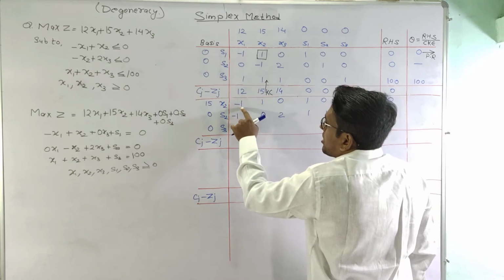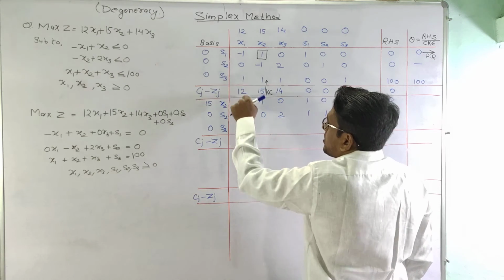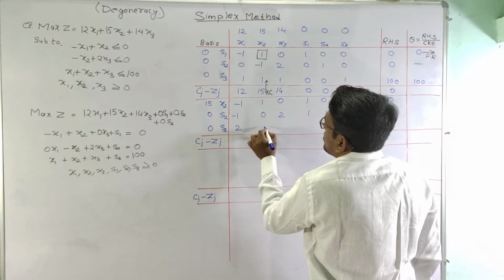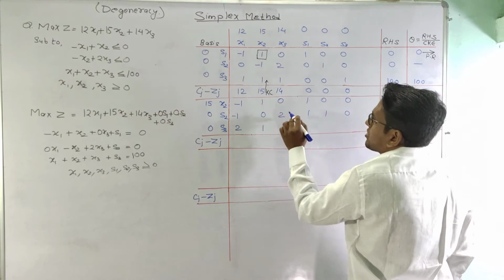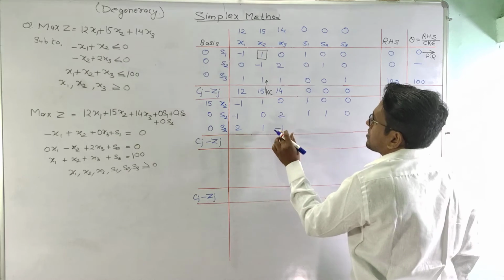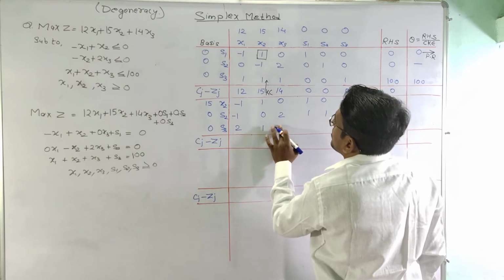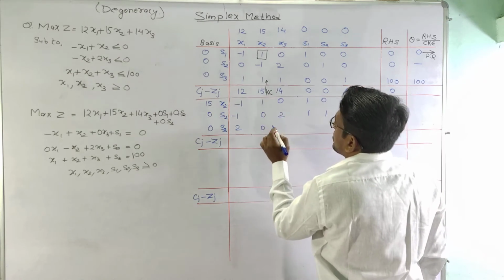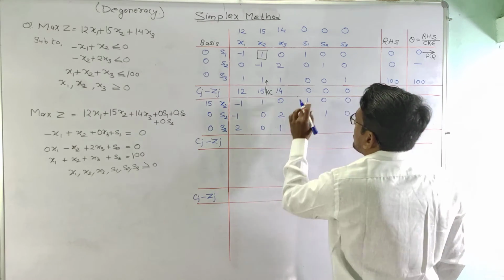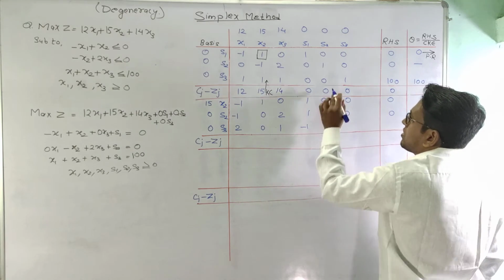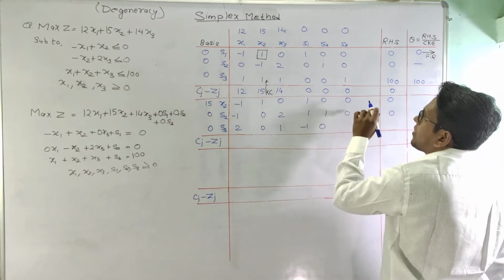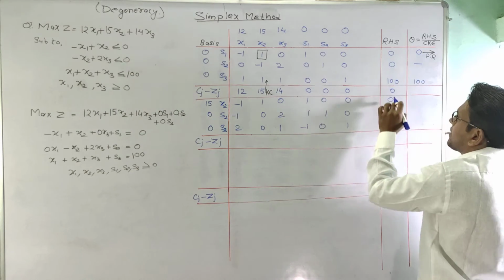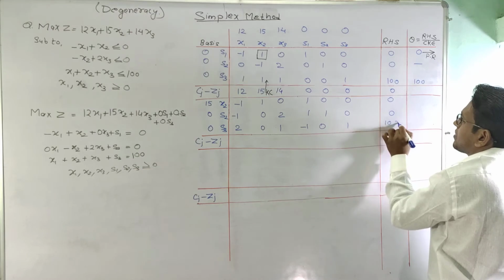So 1 minus of minus 1 will be plus 1, so 1 plus 1 will be 2, 1 minus 0 is 1, 1 minus 2 is minus 1, 1 minus 1 is 0, 1 minus 0 is 1, 0 minus 1 is minus 1, 0 minus 0 is 0, 1 minus 0 is 1, 100 minus 0 is 100.